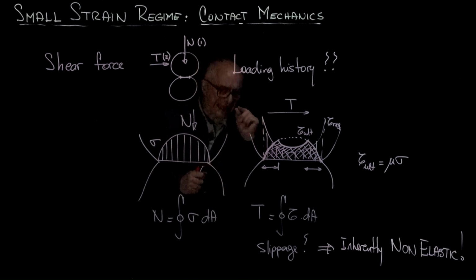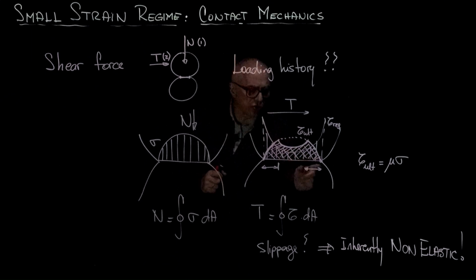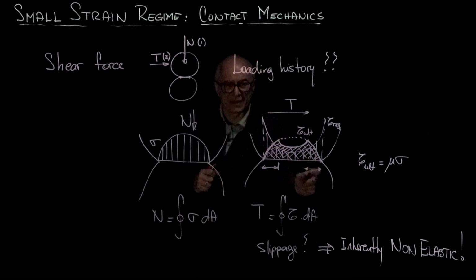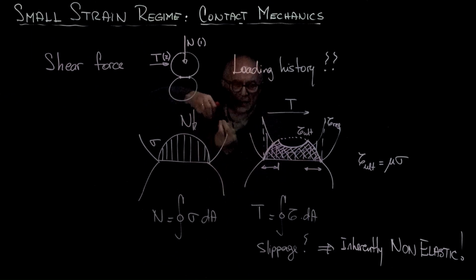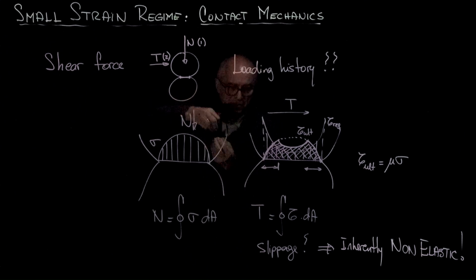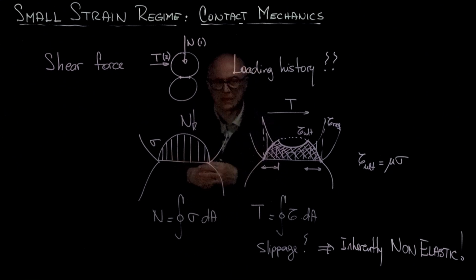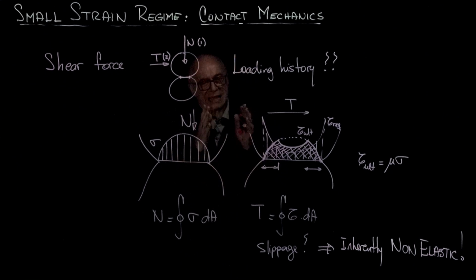I have to make a caveat that in order to trigger slippage, there has to be a displacement at contacts, let's say, of 1 angstrom to break bonds in this region. And so there may be a threshold level.